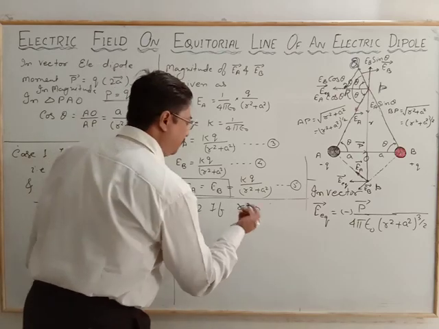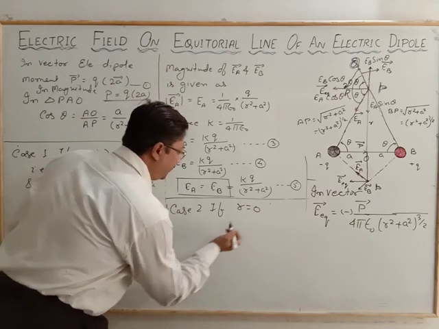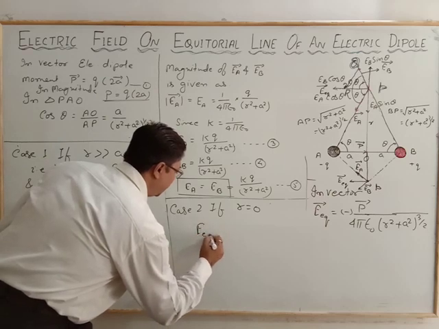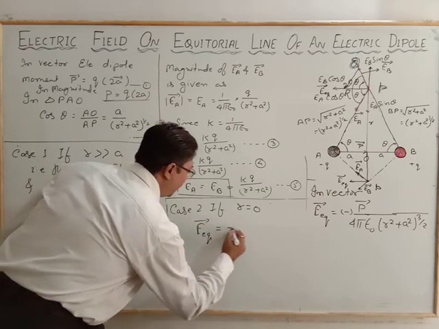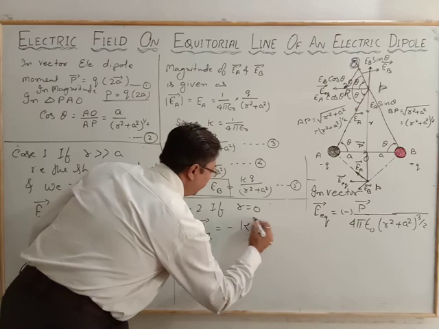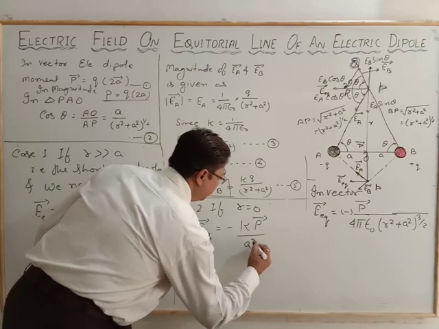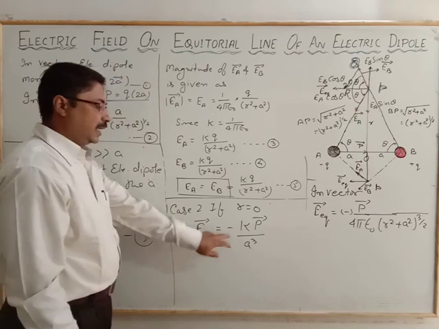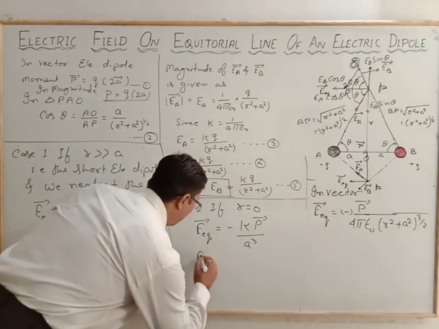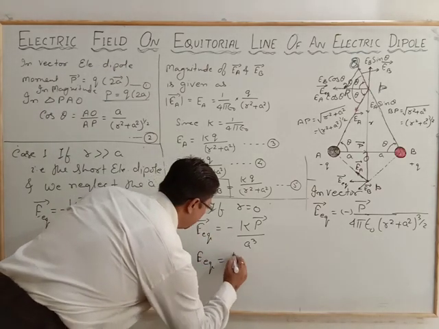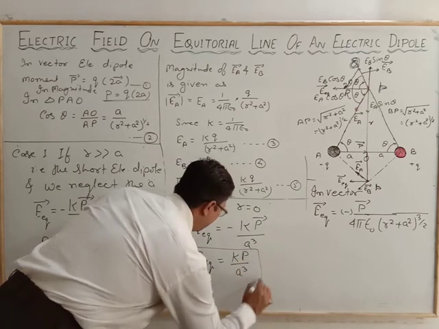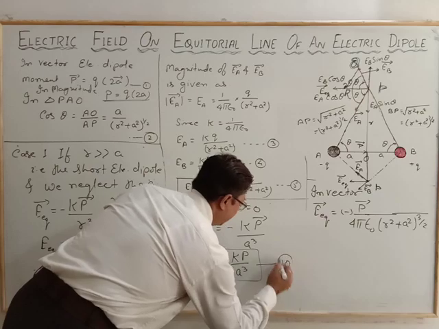The same way, r is 0, so the electric field E equatorial is equal to minus k p vector by a cube. In magnitude, leaving the negative, E equatorial is equal to kp by a cube. This is relation number 10.